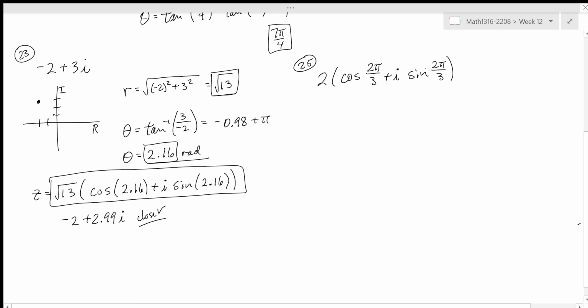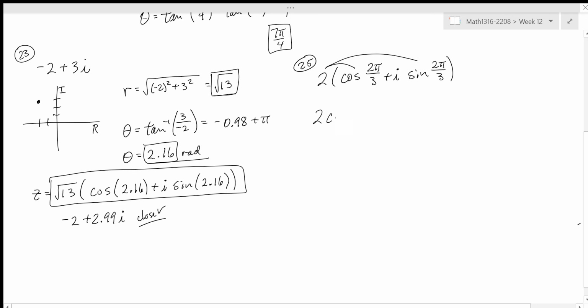And I know some of you can't put the I in the calculator, right? So I'm going to show you a workaround. How can we still use the calculator even if we can't put the I in there? We can distribute. Let's distribute the 2.